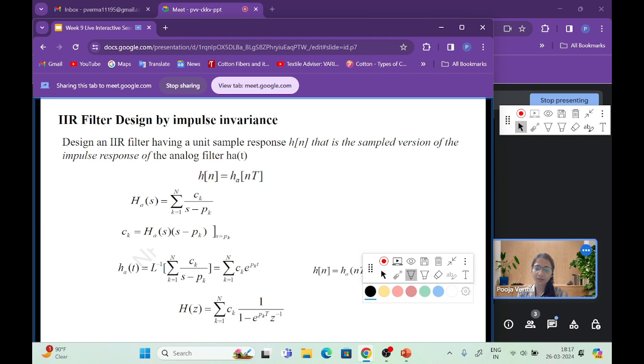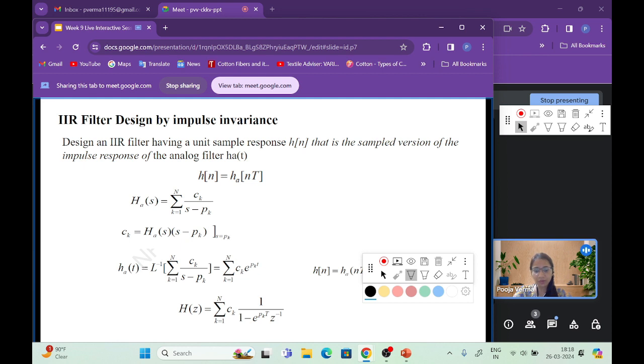Any transfer function given in this form, Ha(s) = summation k equals 1 to N of ck / (s − pk), where pk are the poles of the transfer function. In order to find the coefficient ck, we take Ha(s)(s − pk) at s equal to pk, and then convert into ha(t) by taking the inverse Laplace transform.